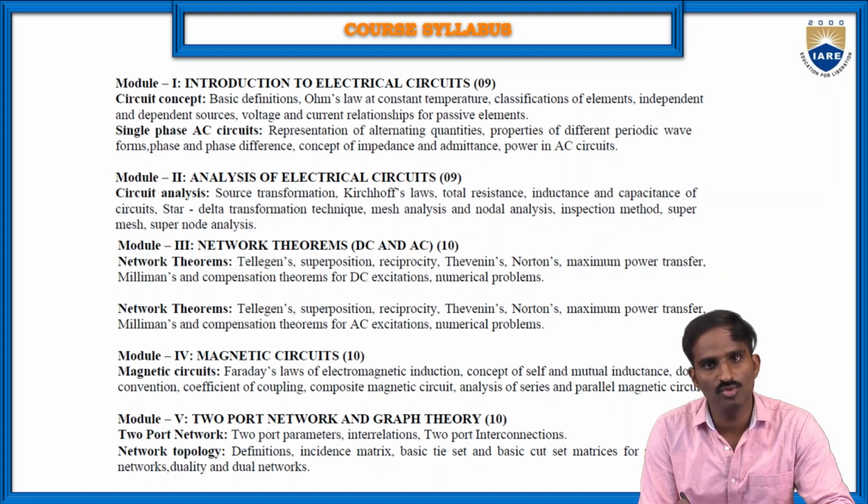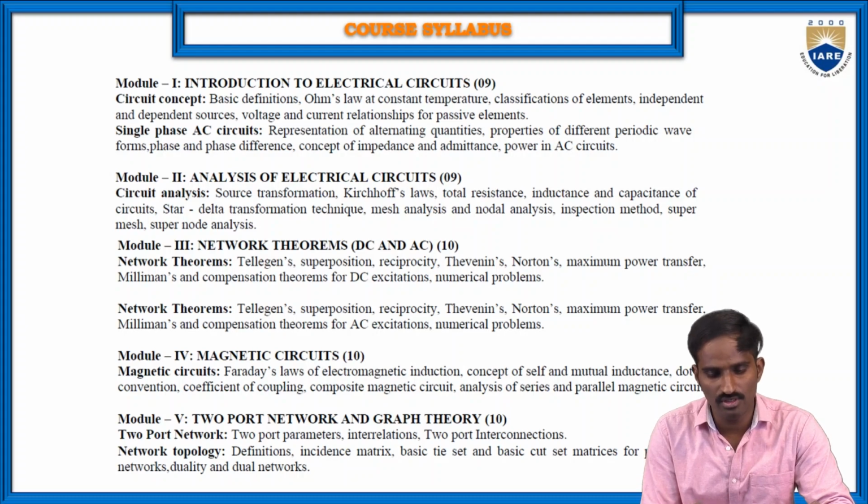Then the third module is network theorems. Of course, these network theorems are also a kind of network reduction technique, but there are various network theorems, and each has its own procedure to reduce complex networks into an equivalent simple network.